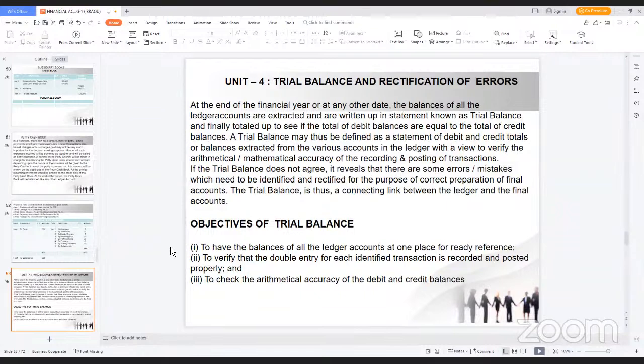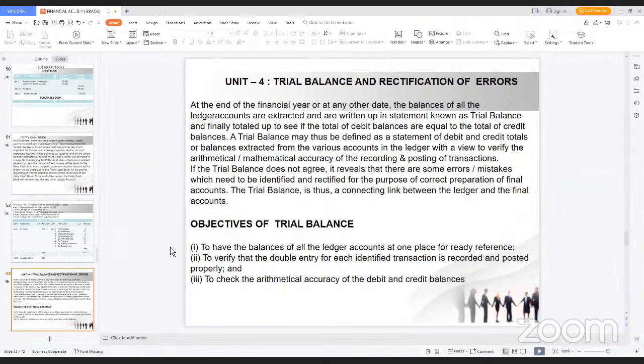Your trial balance is defined as a statement of debit and credit totals or balances extracted from the various accounts. It will reveal all the errors and mistakes which need to be identified and rectified.